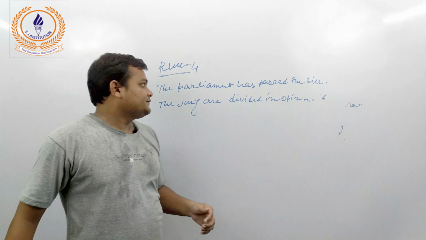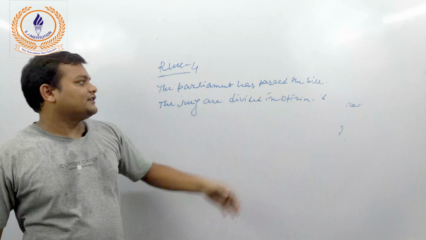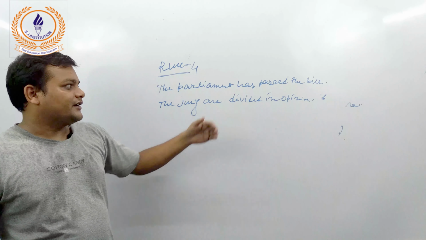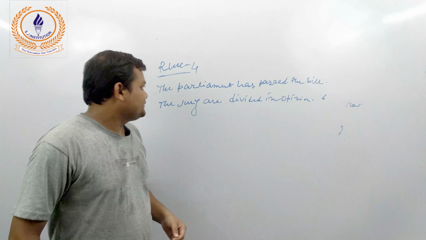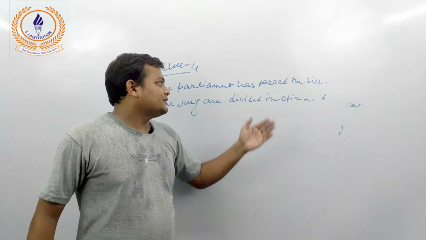Here, the act has been done in unison, or here the act has been done not in unison or dividedly. So, on the basis of them, the verb is singular and plural.